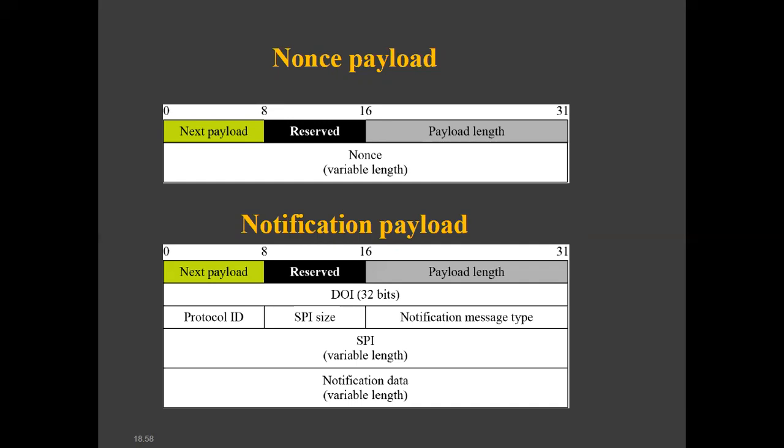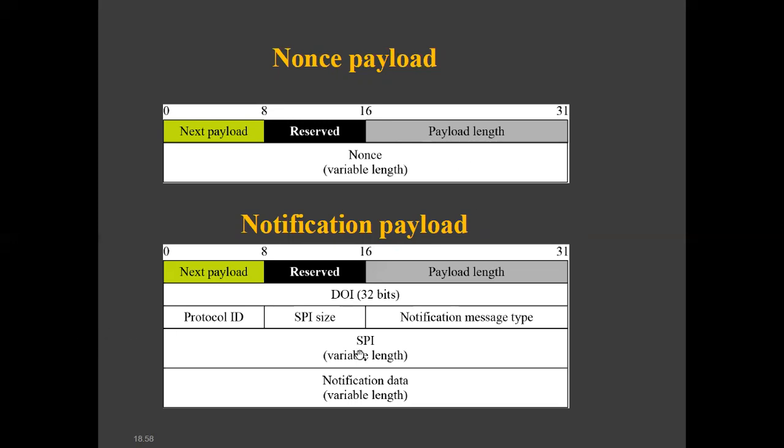Then the notification payload. During the negotiation process, sometimes a party needs to inform the other party of the status or error. So the notification payload is designed for these two purposes.